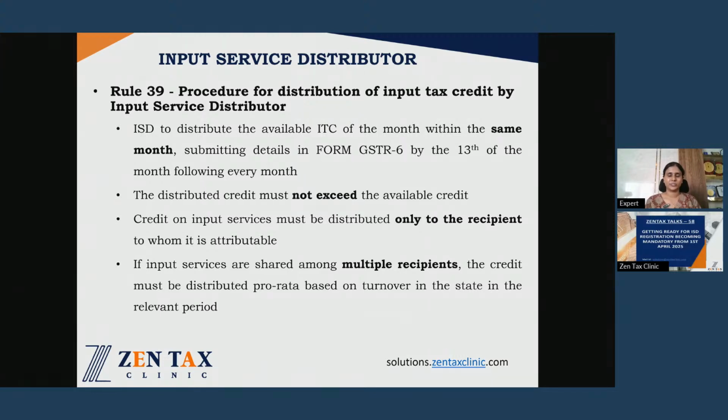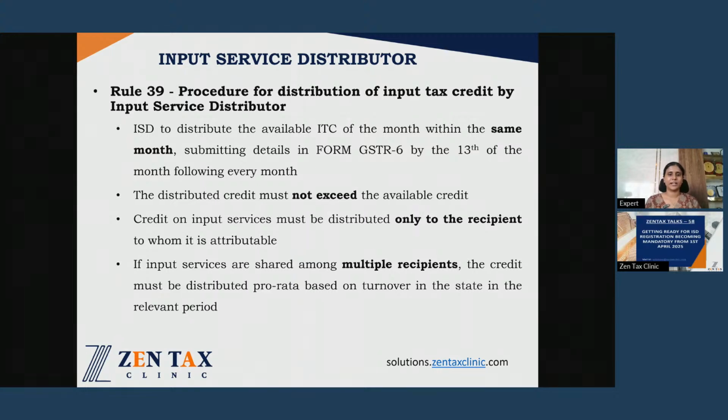In that case, if the HO receives the bill for that software service, then they should transfer 100% of that credit to that Hyderabad branch only. They cannot segregate the ITC for those credits because it is specifically attributable to that specific branch. So in those cases, 100% of the credit will be transferred to that entity.